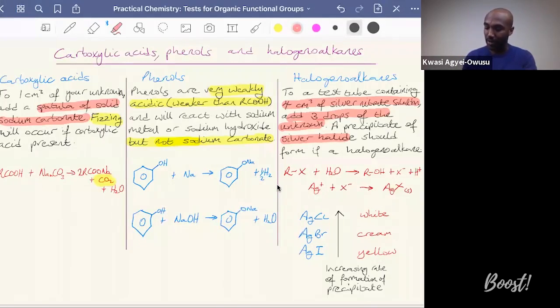So silver chloride would be a white precipitate, and silver bromide would be cream, and silver iodide would be yellow. And the rate at which the different silver halides form can also be used to indicate whether they are chlorides, bromides, or iodides.